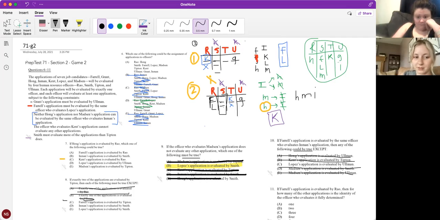K. Oh, K's already there. Would G have to go there? We already have G under U. Okay. So since our last one, I'm just gonna cross them off. We have F used, L used, and K used. So we only have H, M, and I left.